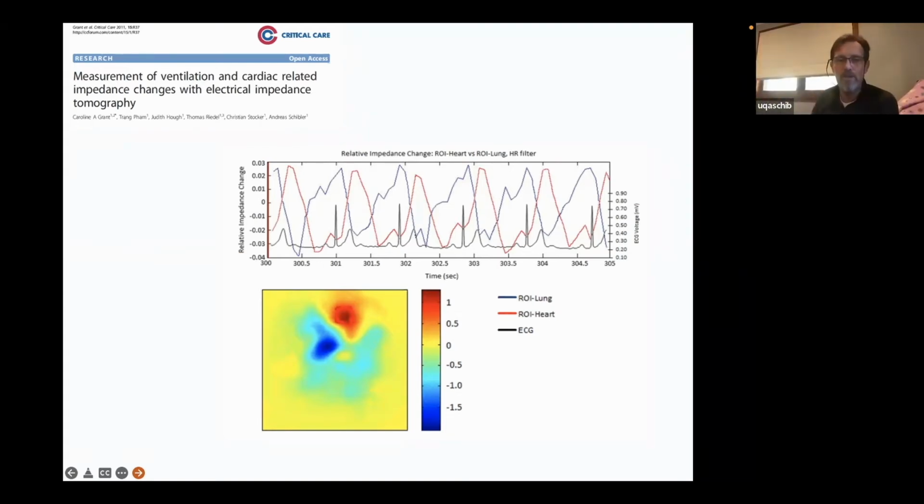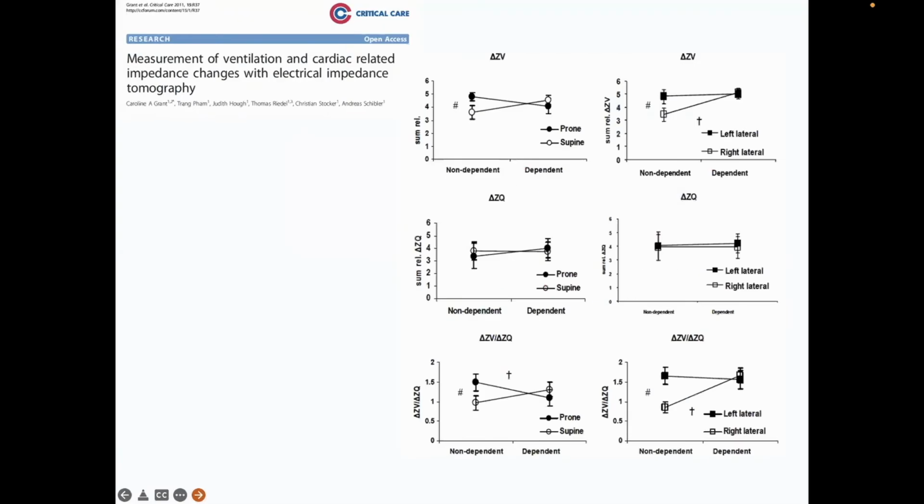So the black one shows the heartbeat, the red one shows the lung perfusion, how basically it's not completely in synchrony. The heart beats first and then the lung is perfused thereafterwards. So we can separate that. And what we've done is now showing what happens with the ventilation, which is the upper two panels.